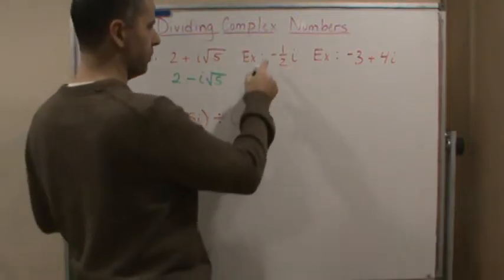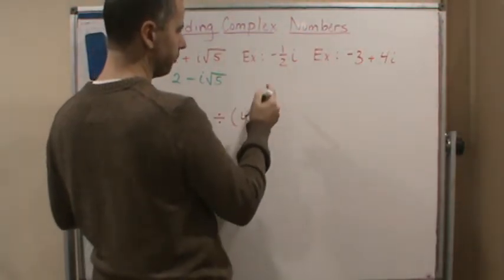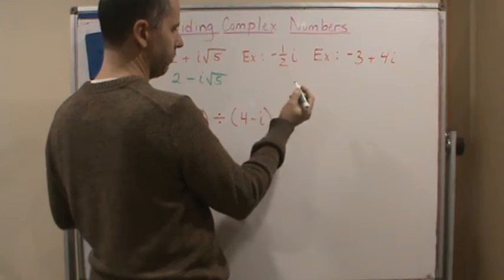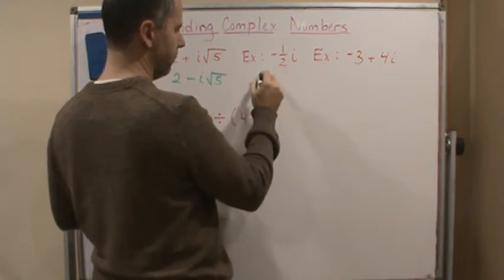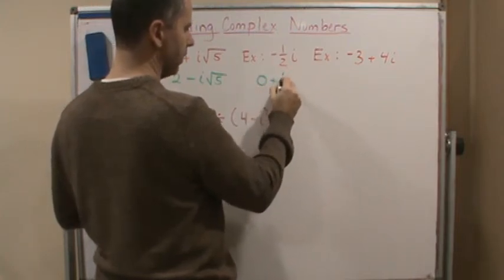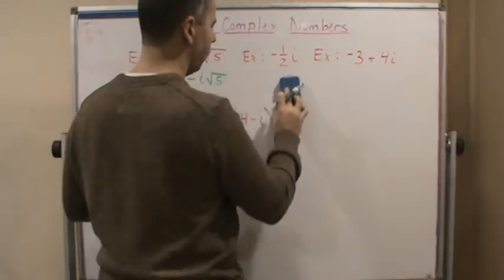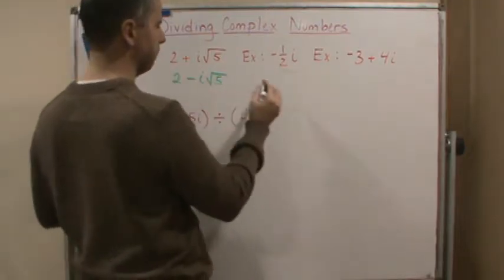So this would be 0 minus 1/2 i, so the conjugate would be plus. We could write it as 0 plus 1/2 i, or just 1/2 i, if you wanted to simplify it.